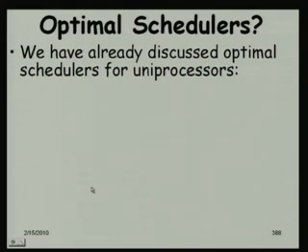But what about optimal schedulers for multiprocessors and distributed systems? Please recollect that when we were discussing uniprocessors, we said that there are a large number of algorithms proposed, and that optimal scheduling solutions exist, and we know more or less about that area.